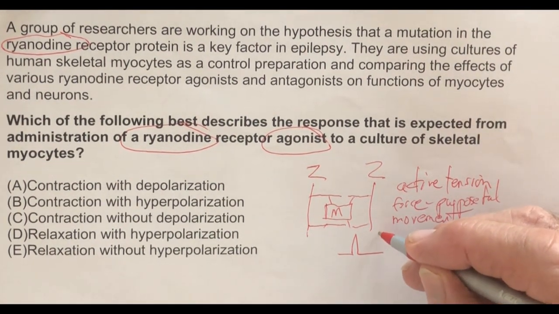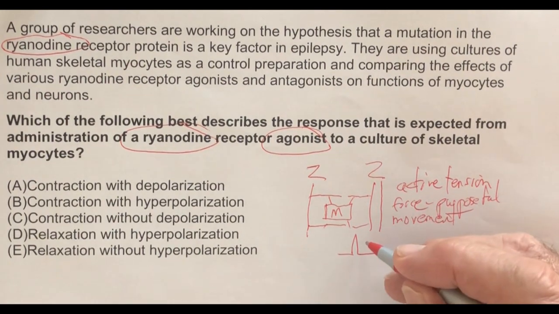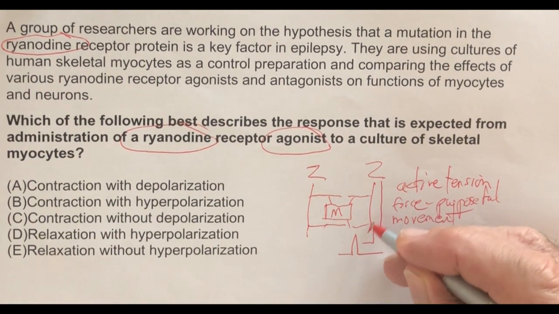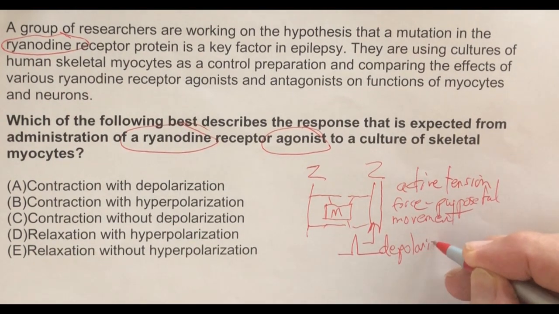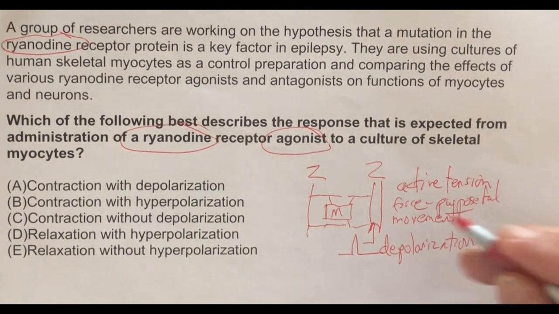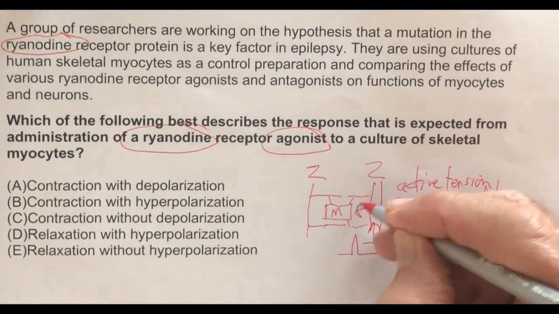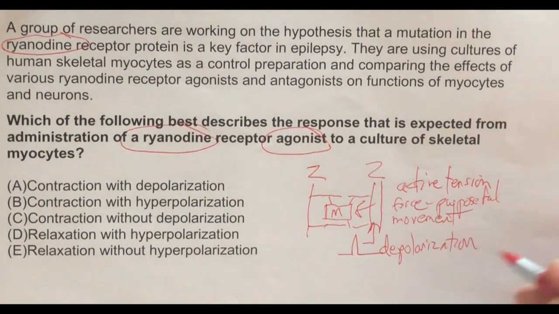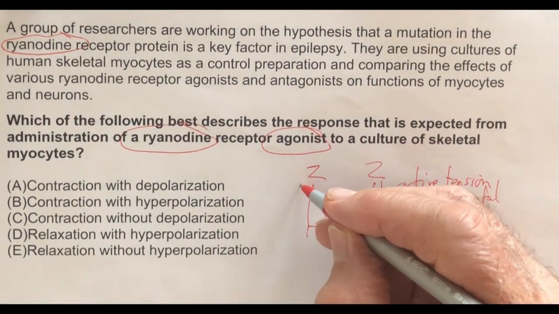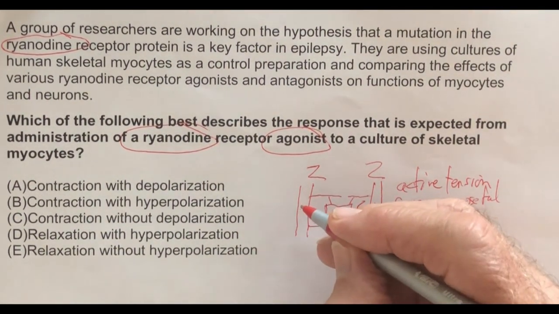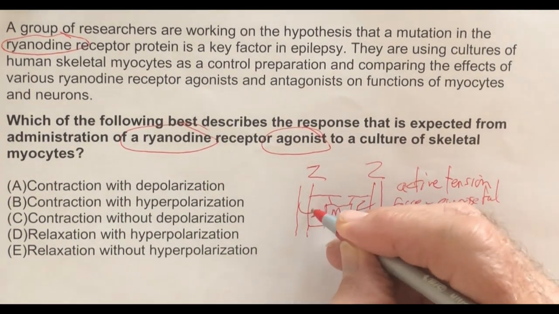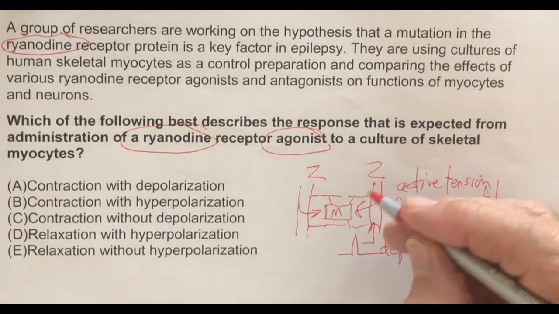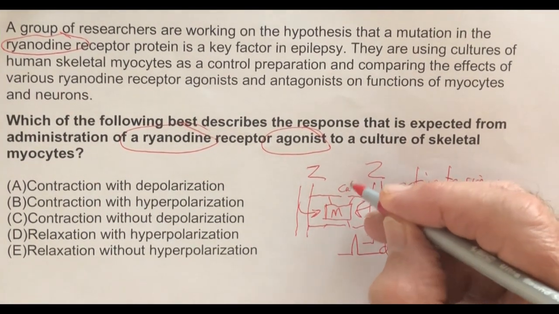And when sodium rushes in at the Z line, we call that depolarization. And that depolarization releases calcium from the ryanodine receptor calcium release channel. So here we have ryanodine receptors releasing calcium to allow that cross-bridging we just talked about to occur.